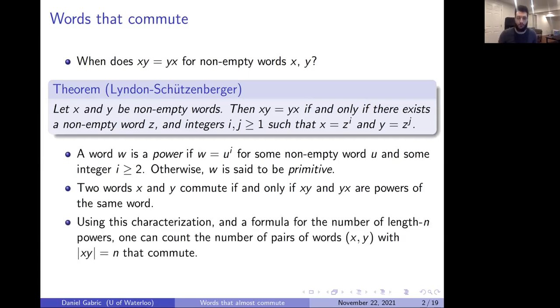If we use this characterization, and we have a formula for the number of length n powers, then one can count the number of pairs of words x, y with the length of xy being n and x and y commuting.